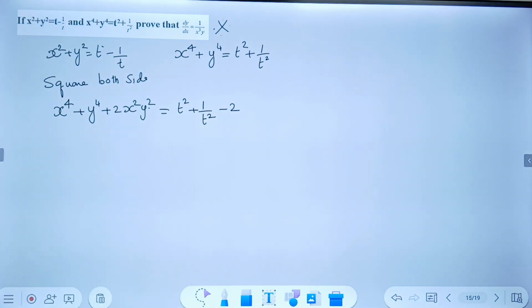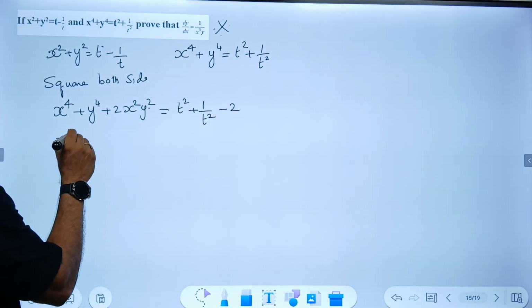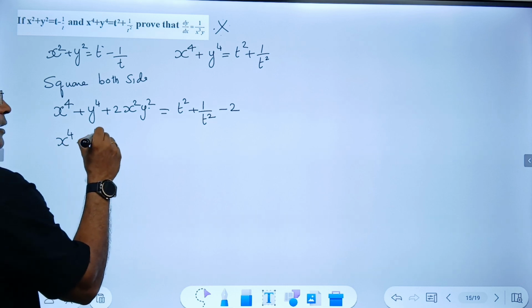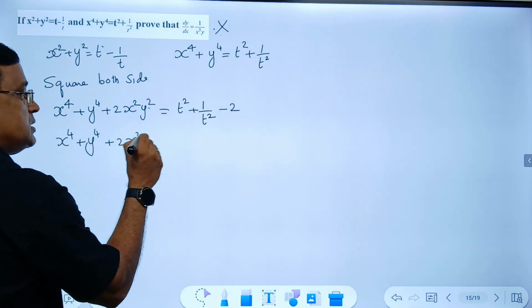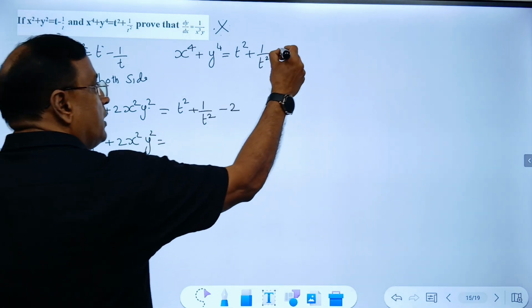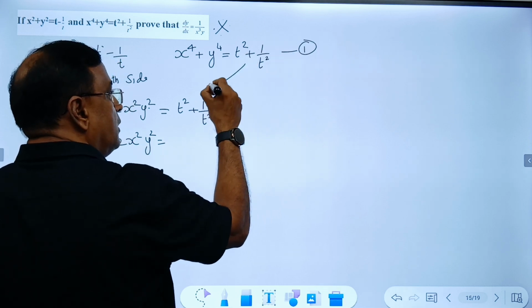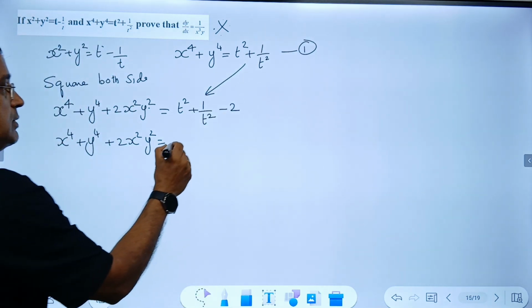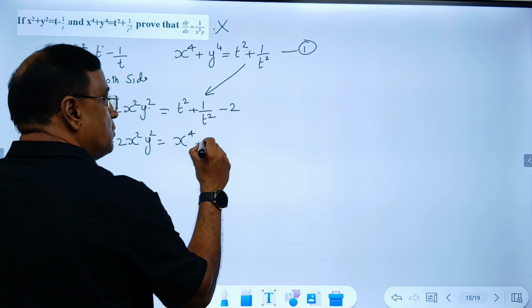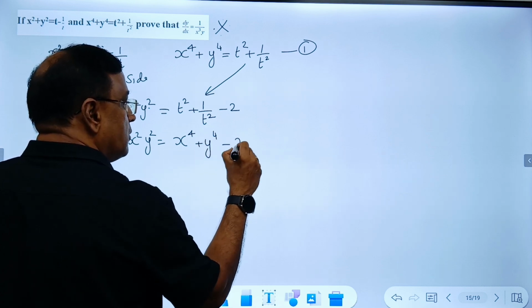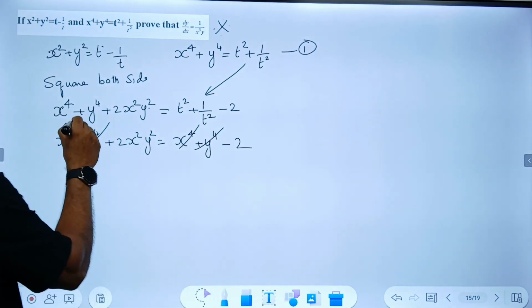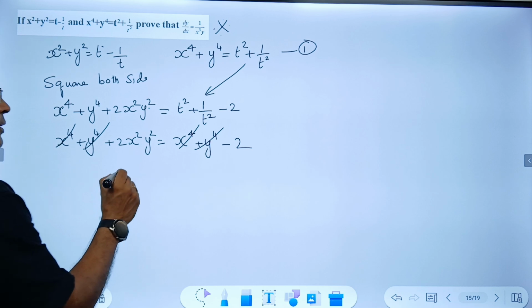Now clearly you can see plus 2x square y square. Clearly from 1, what is t square plus 1 by t square? x power 4 plus y power 4. So they get cancelled.